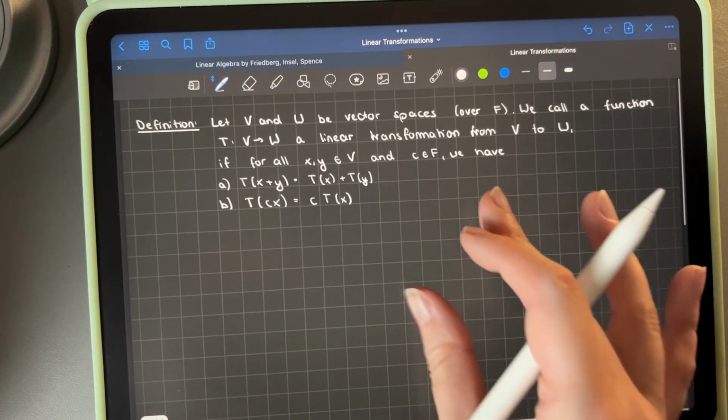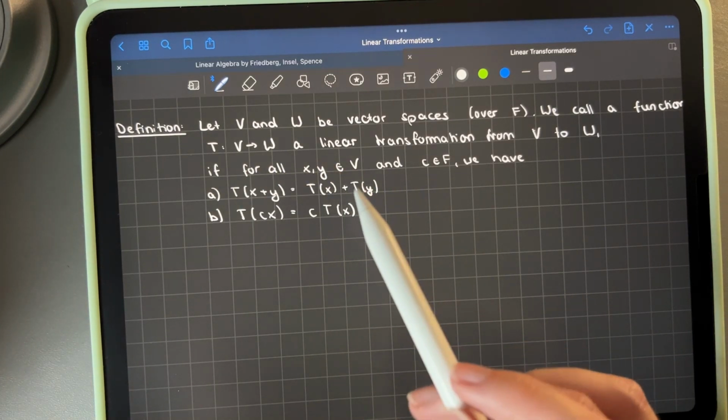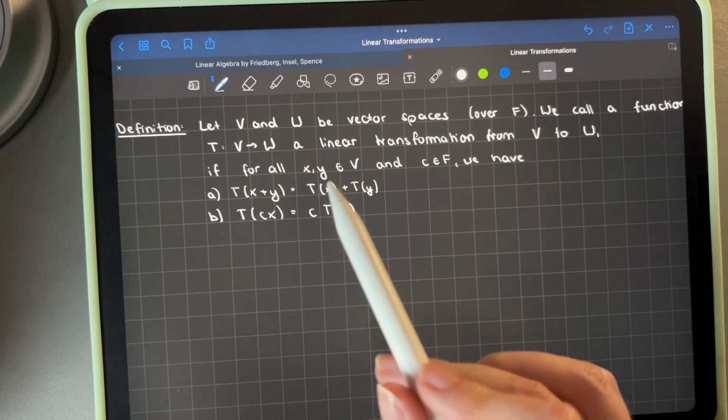Alright, so a linear transformation is just a function in vector spaces that has these two nice properties.